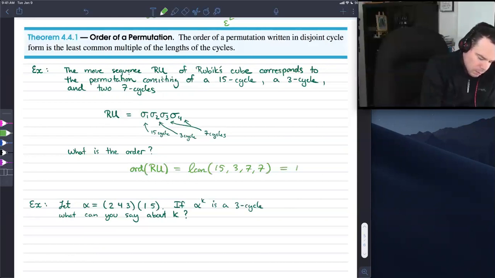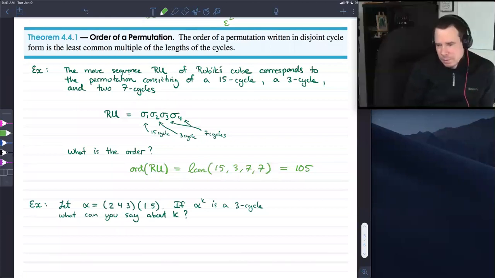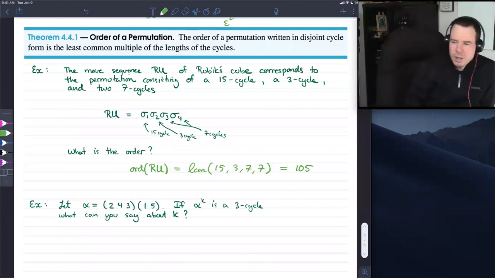And that's 105. So it means I'd have to do the move 105 times. And so we can predict things that can happen just by working out the cycle structure of the move sequence. Okay, so this is just alluding to, or foreshadowing, how we're going to use these kinds of ideas later on.